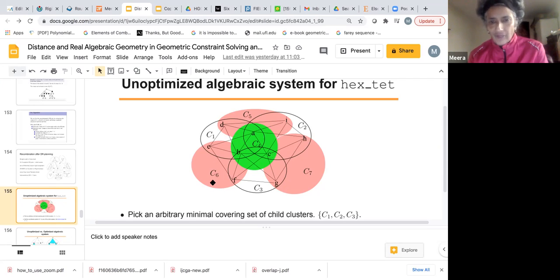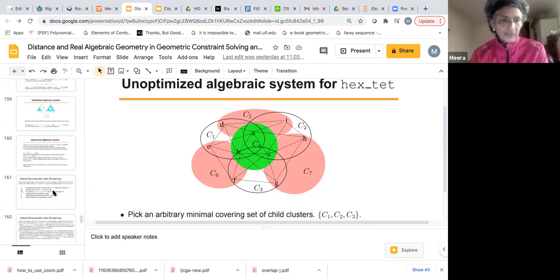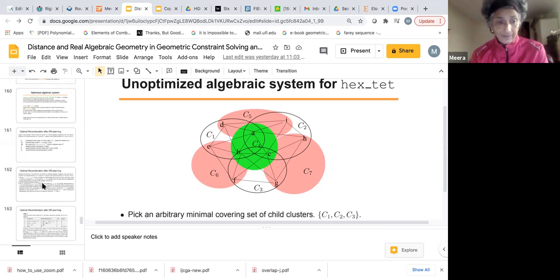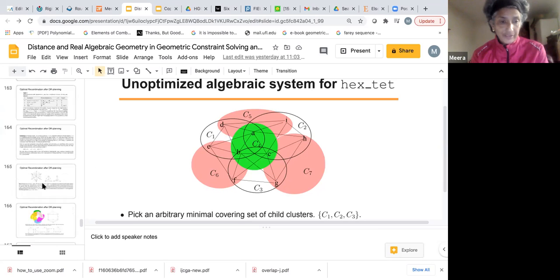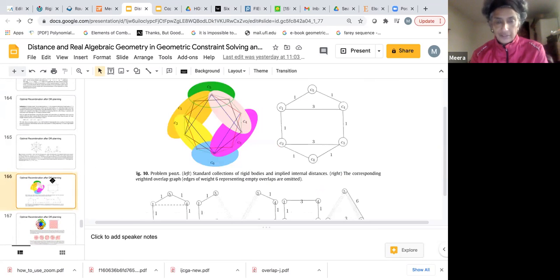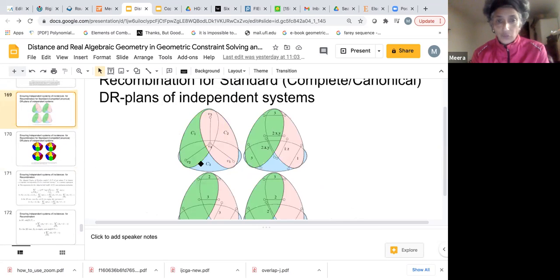In a similar fashion, you could well imagine a situation where the incidence constraint is not just at a point, but in fact at a pair of points. So we will look at a pair of points that are in two different clusters, shared by the two clusters. The example here is one of those.